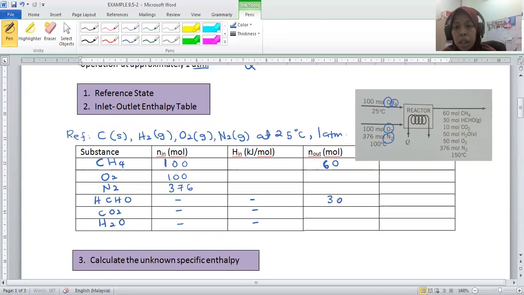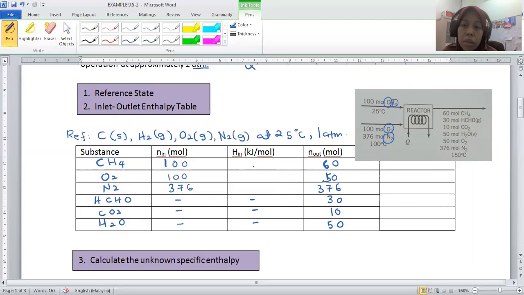Formaldehyde is 30, and then oxygen, sorry, oxygen is 50, and then carbon dioxide is 10, and then nitrogen 376. And lastly, water is 50 mole.